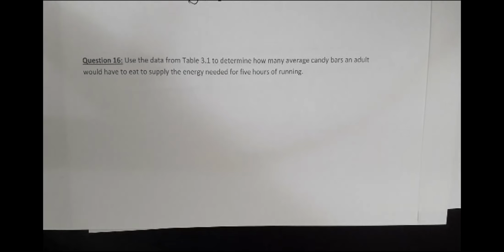Use table 3.1, determine how many average candy bars an adult would have to eat to supply the energy for 5 hours of running. Okay, we're past percentages. We are in part B. So this table was in 3B.